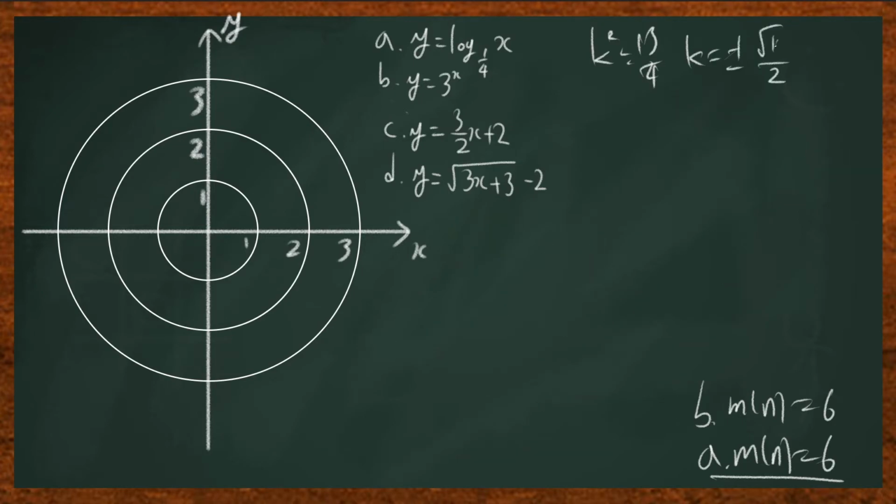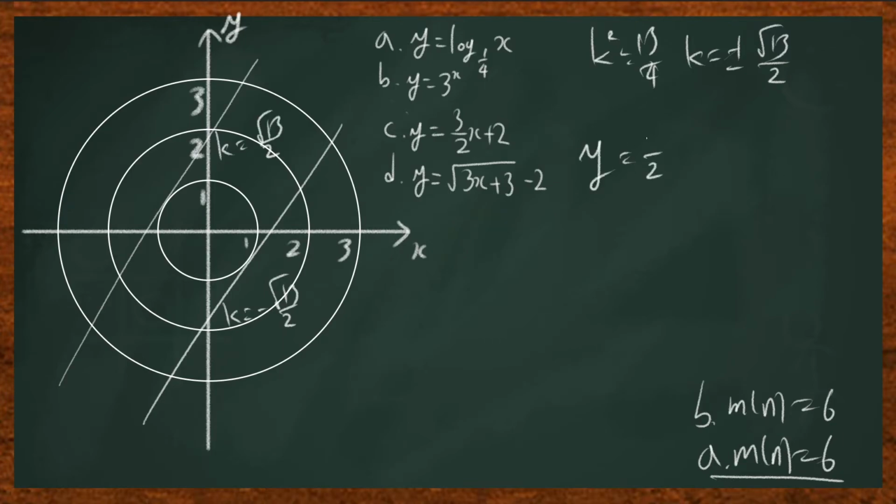You can see that k has two values because two lines are tangent to this circle, having the gradient of 3/2. Because we need to only compare the upper one, it is square root of 13 over 2. Because the gradient is the same, we need to only compare the y-intercept.